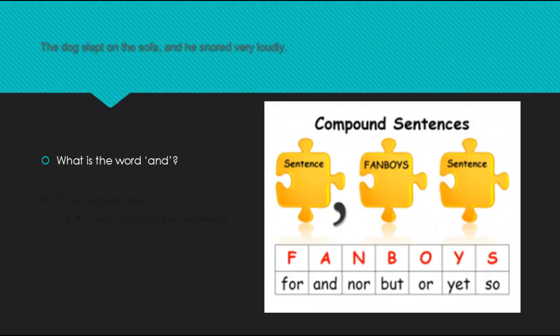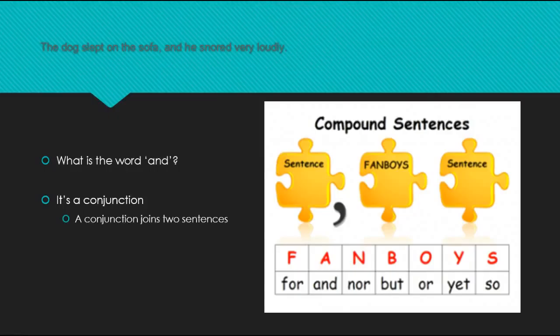From the last slide, do you remember what word I was using instead of fanboys? What is the word and? If you guessed a conjunction, you were right. A conjunction joins two sentences. The word that this picture replaces, and there's a mnemonic device that goes with it clearly underneath, is fanboys. A fanboy is a conjunction, it's just the mnemonic for it.